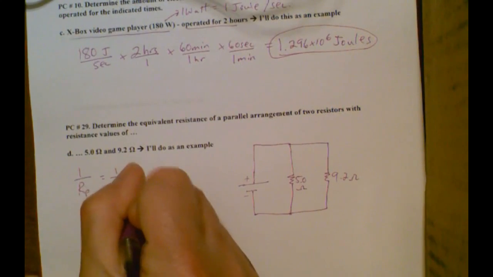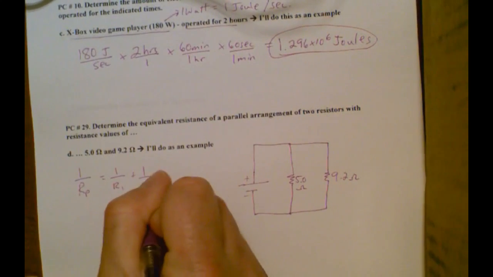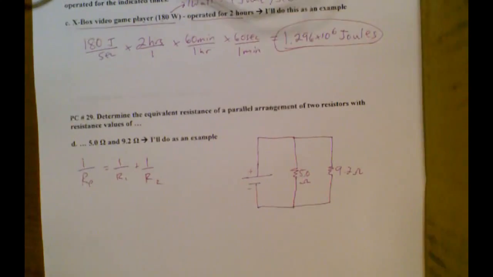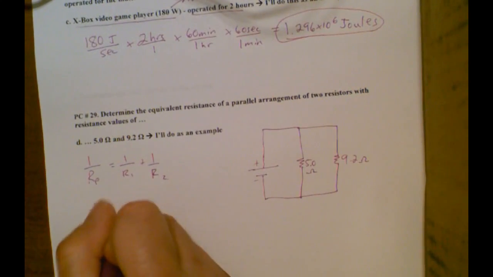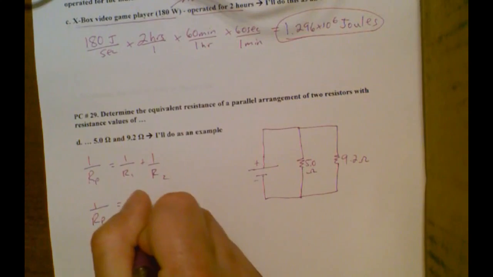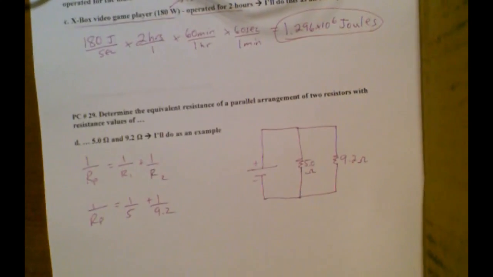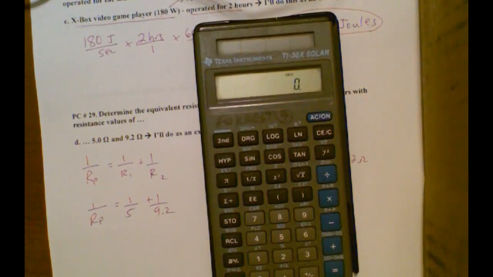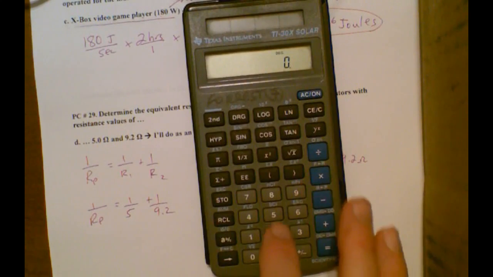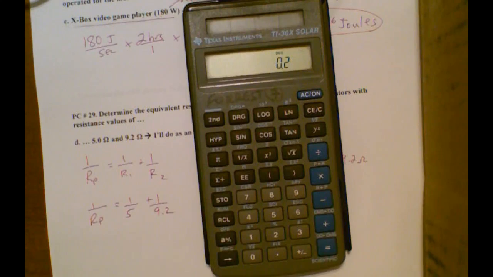In order to solve for total resistance here, in parallel, 1 over the resistance in parallel is going to equal 1 over R1 plus 1 over R2. So in this case, 1 over the total parallel resistance, 1 over 5 plus 1 over 9.2. So when I do that in the calculator, I do 5, the inverse button, so that's 1 over 5, plus 9.2, the inverse button, so that's 1 over 9.2, equals.